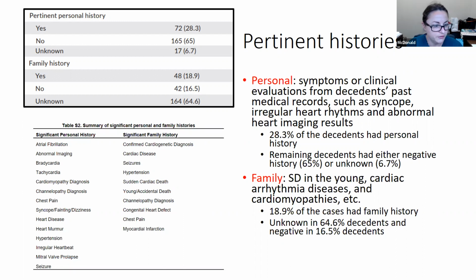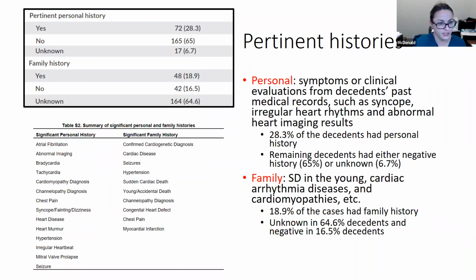The list of personal history items is seen there, which was in their supplementary table. It's in the lower table on the left. And about 30% of the decedents ended up having a personal history, including one or more of those items. The remainder had no history, including those, or the history was unknown.